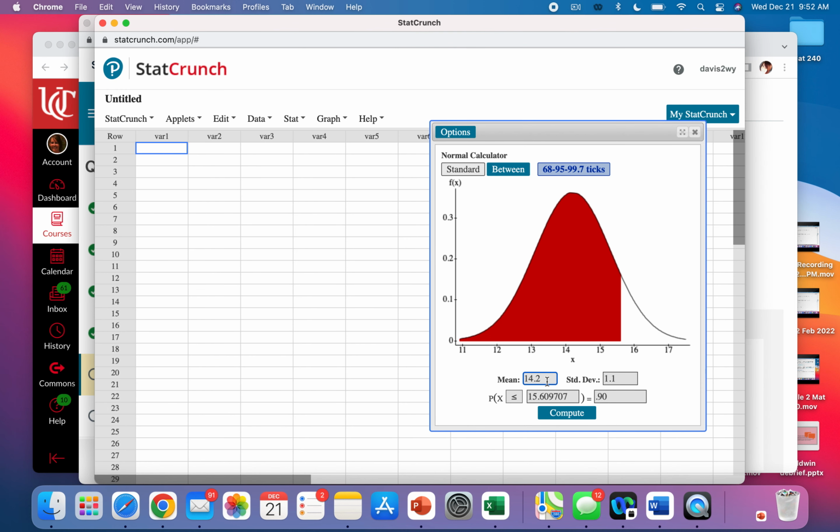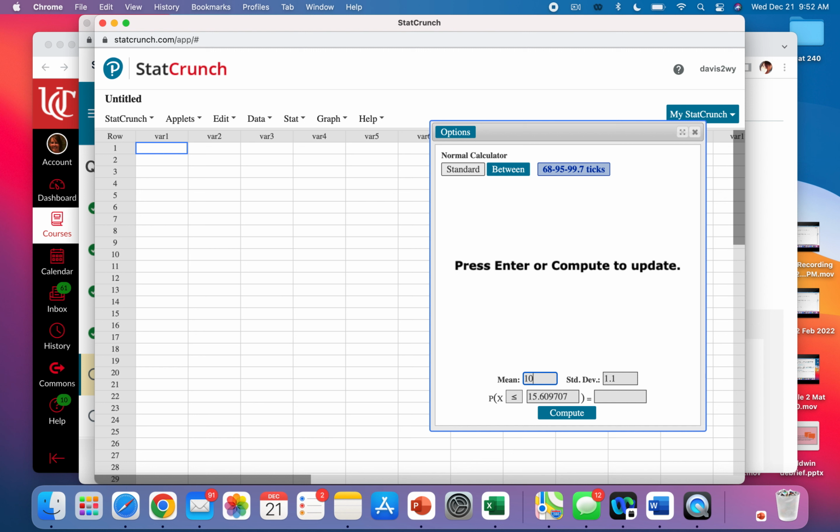So we're going to change our mean and our standard deviation. We're doing less than. Quartile means that percent is less, so 0.25 is the area. What's on the right side of the equal sign represents the area in the curve.